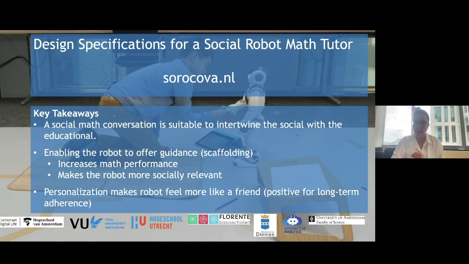The concrete behaviors that we provided via the robot tutor increase the math performance and make the robot more socially relevant to the children. It might bring us a step closer to offering teachers these kinds of tutors as a new tool to address the educational backlog, which can be caused by either a pandemic or a shortage of personnel, etc.